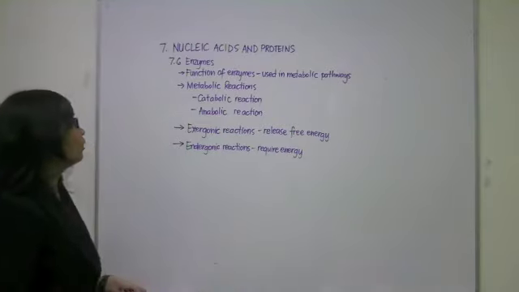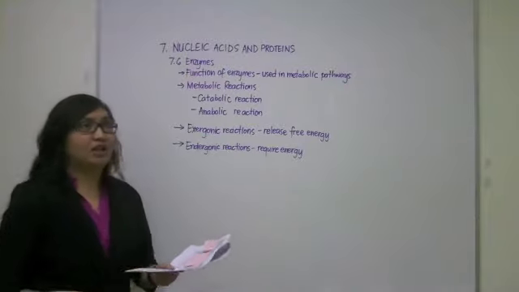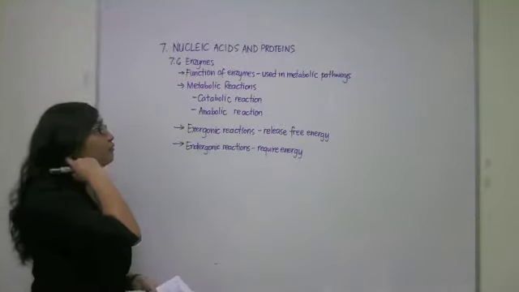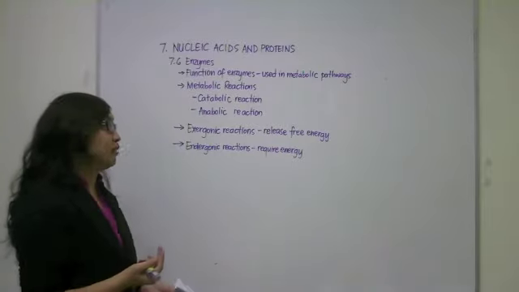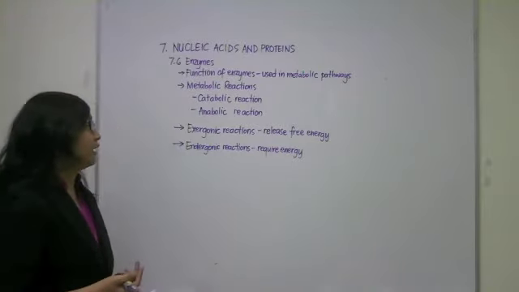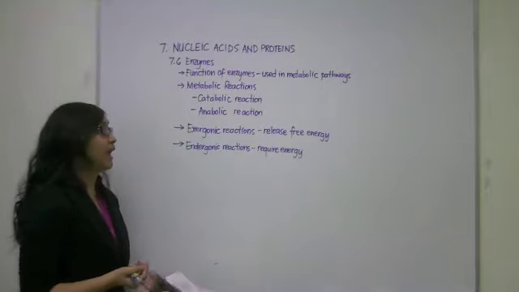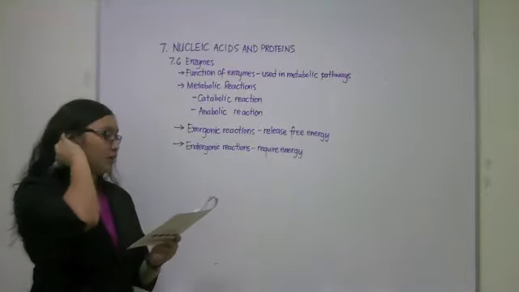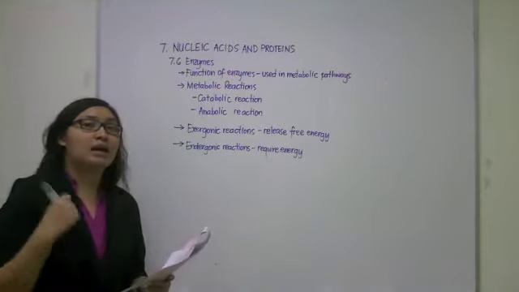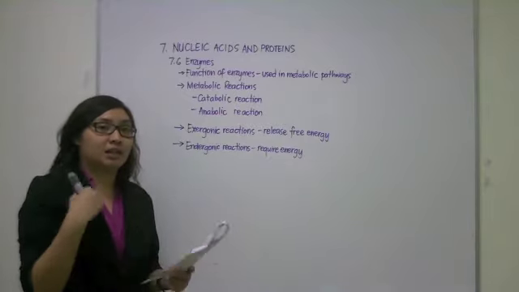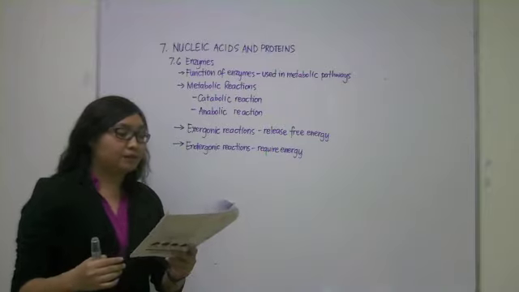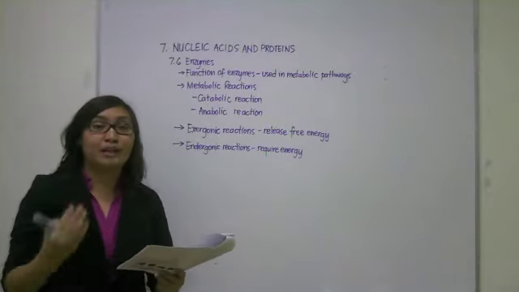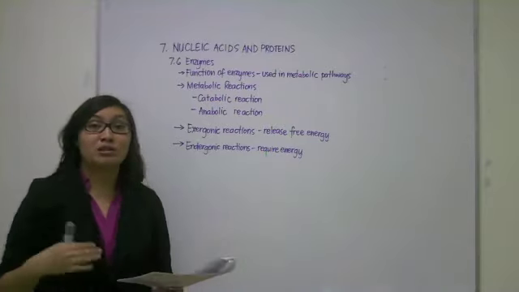Okay, so by metabolic reactions, we also have to differentiate the two types of metabolic reactions, which are catabolic reaction and anabolic reaction. Catabolic reaction is when we are trying to break down large molecules into simpler ones.